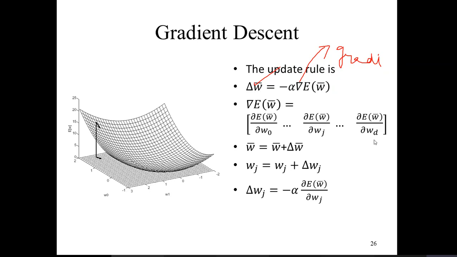You have to differentiate the error function with respect to that weight to get the value with which you have to modify the weight. The weight which needs to be modified should get the delta value as alpha into the partial differential of the error function with respect to the same weight, at that original weight.